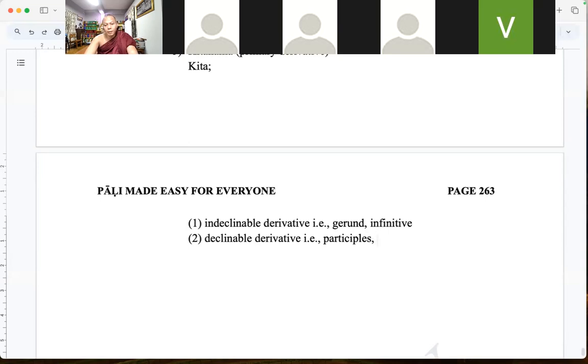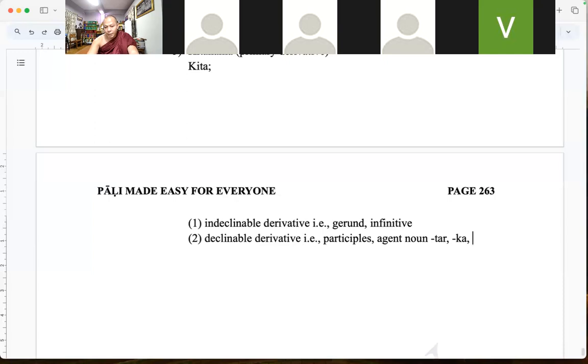Participles and the others, some nouns from verbs, like the agent noun, ending in tar, maybe by adding the suffix kara and so on.